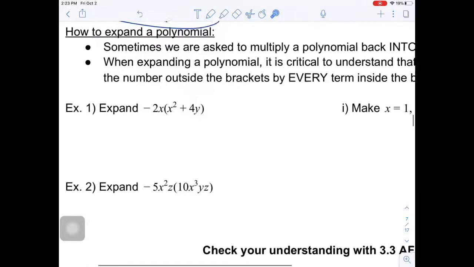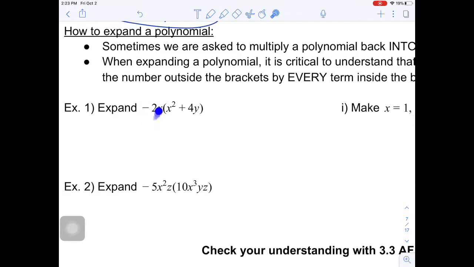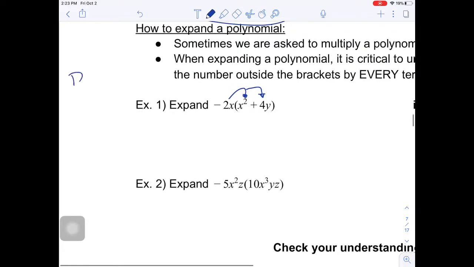Okay, so here, what does that mean? We have some term outside our brackets, and we need to multiply by every single term inside. So how do I keep track of that? Well, I'm going to bring this, and I'm going to distribute inside. So this is called the distributive property.